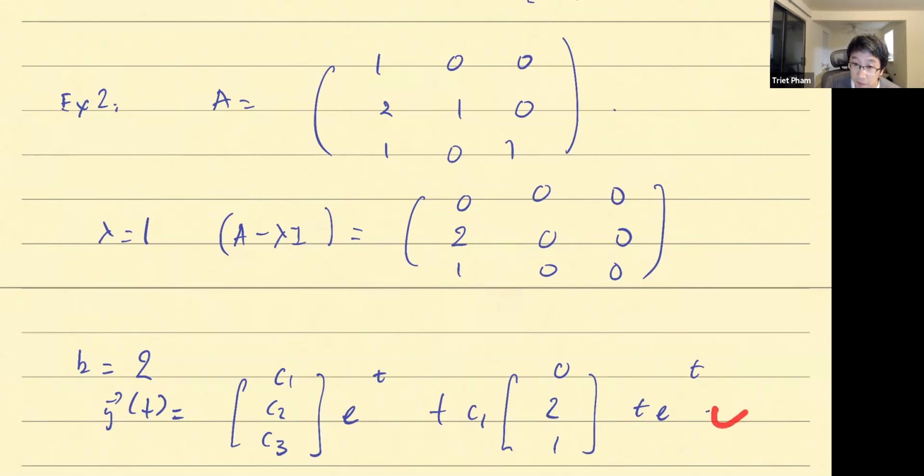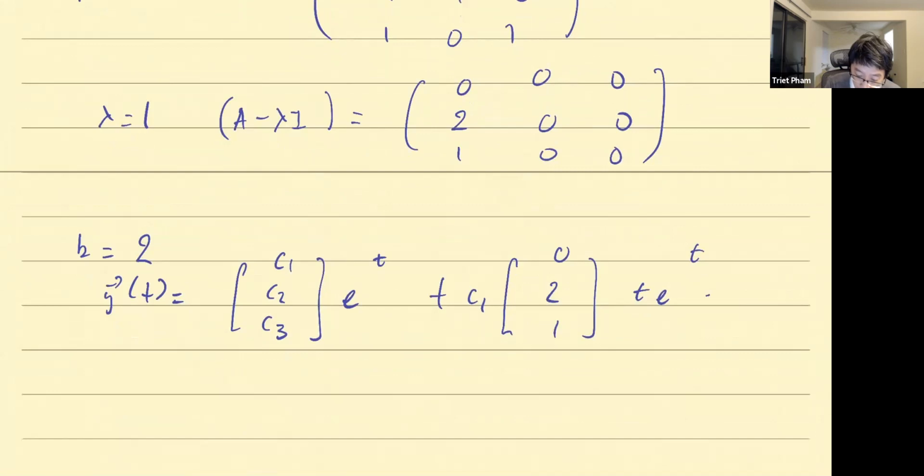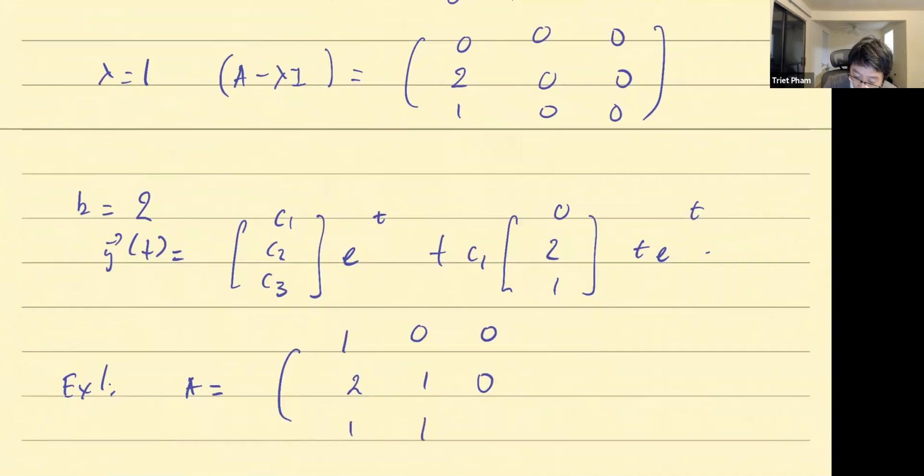Any question here? And so let's go back to the other one, right? The other one was, what was it? A equals 1, 0, 0, 2, 1, 0, 1, 1, 1.